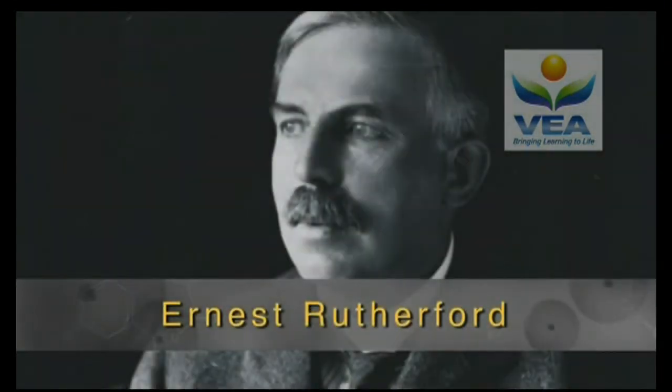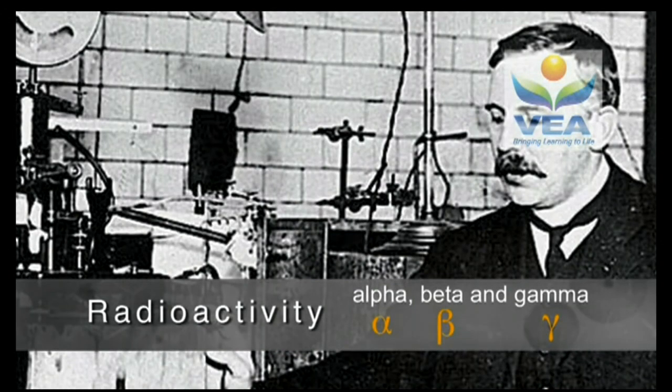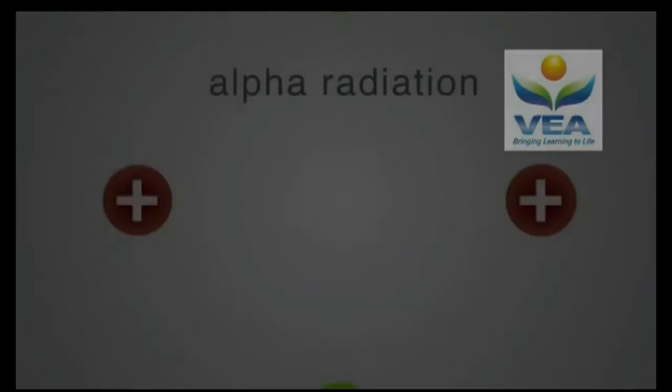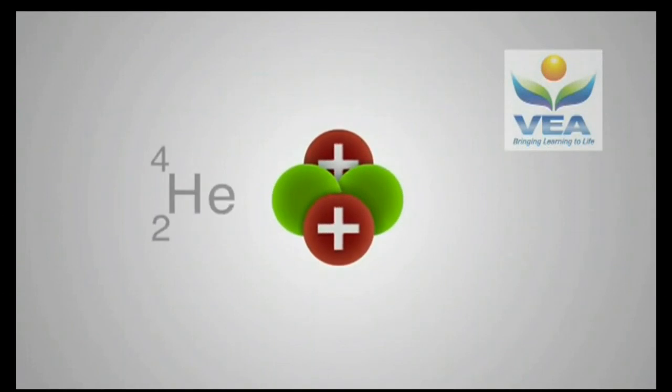Ernest Rutherford confirmed that radioactivity involves 3 different types of radiation: alpha, beta, and gamma. Alpha radiation consists of positively charged helium nuclei, that is, 2 protons and 2 neutrons.